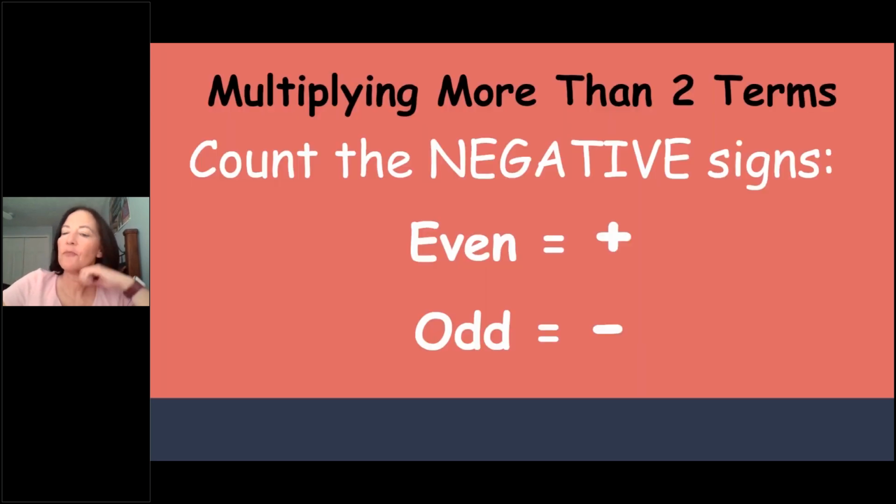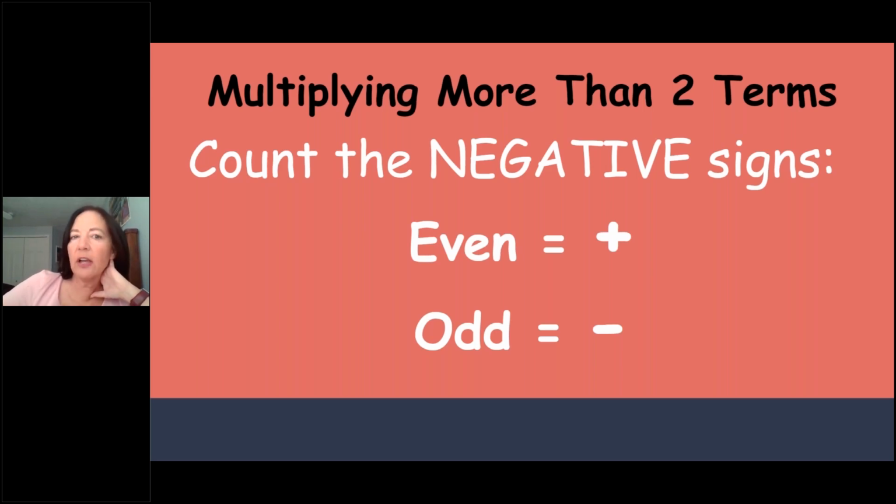So, Brianna, we were talking about multiplying and dividing when you've got negative numbers involved, with negative and positive numbers.